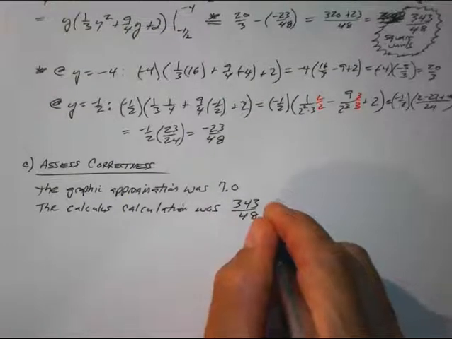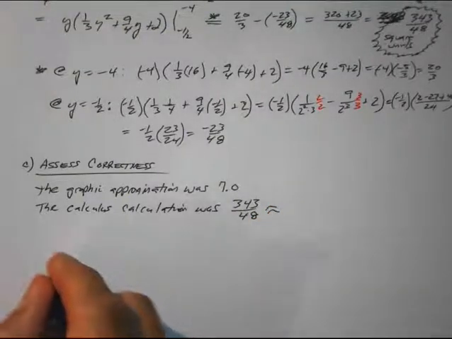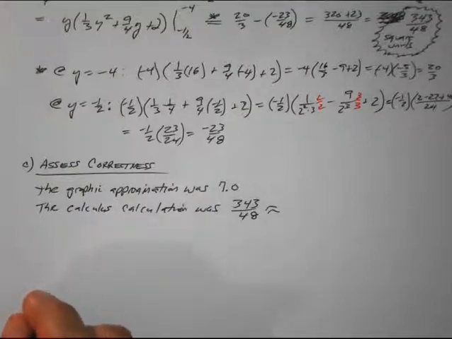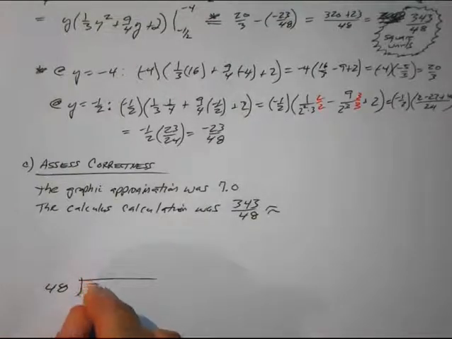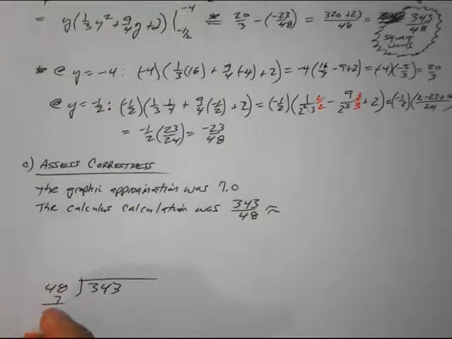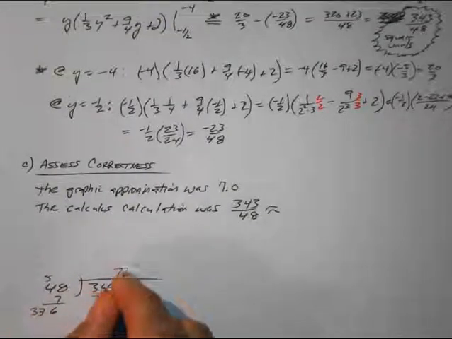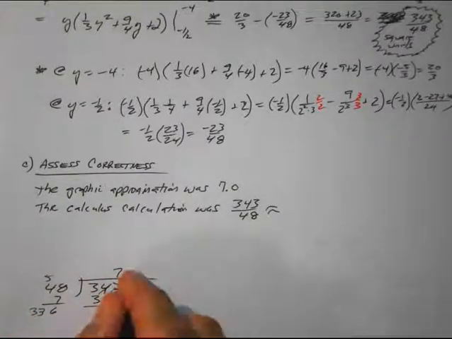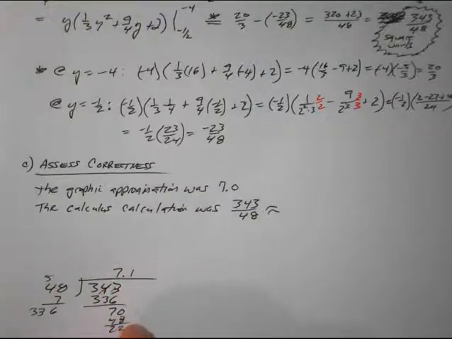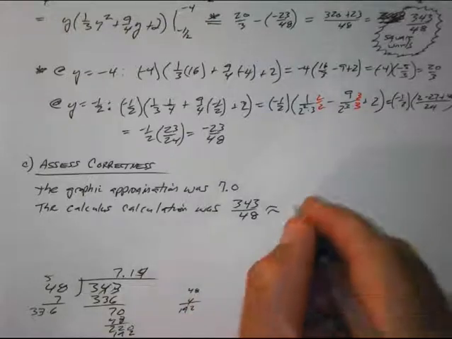To get an apples-to-apples comparison, we need decimal numbers. So let's say here, good old long division. Okay, it's about 7.1.